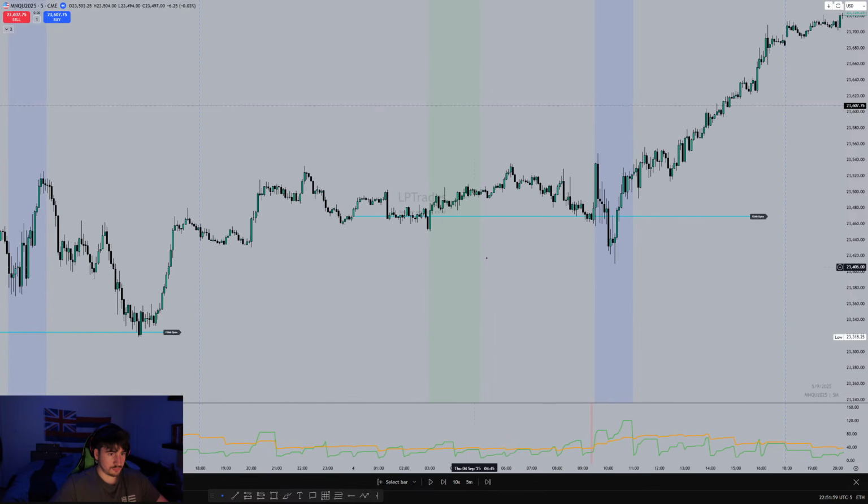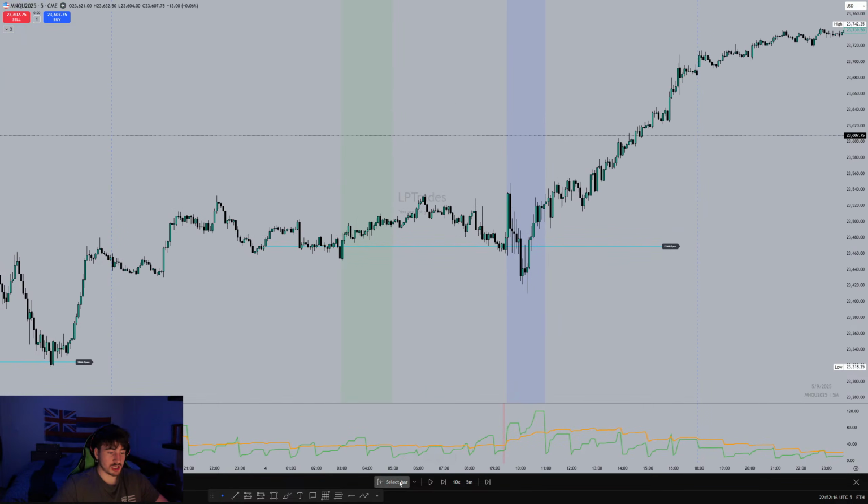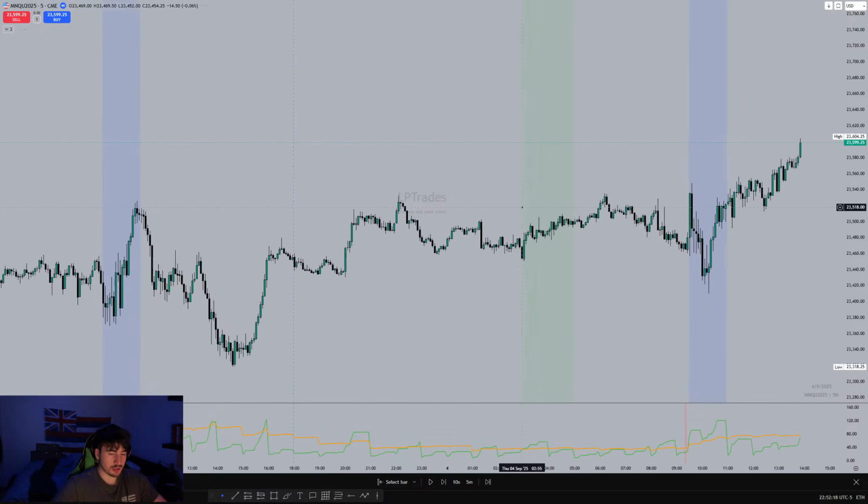Alright, and over here we're kind of consolidating around midnight. I wouldn't look at that. It does manipulate right at 9:30. So the question is, would I then after 9:30 go short?